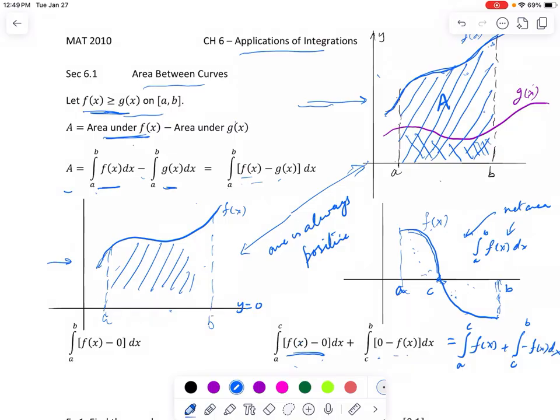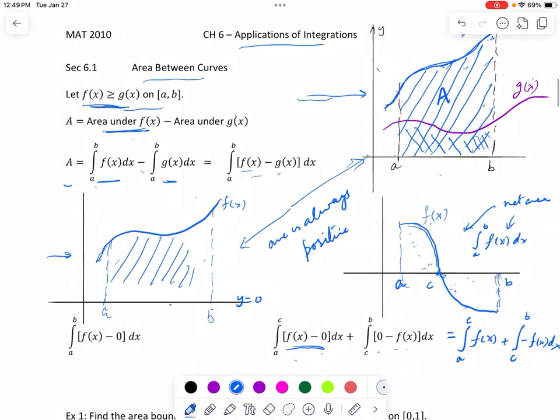So this is the same thing as the integral from a to b of the absolute value of f of x dx, which is supposed to be the total area.